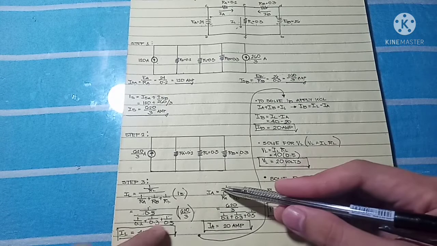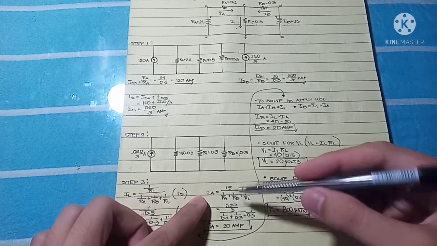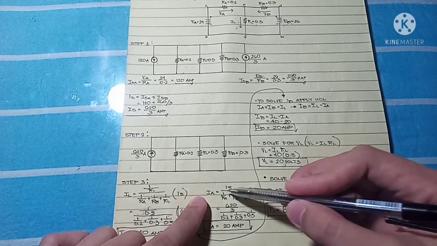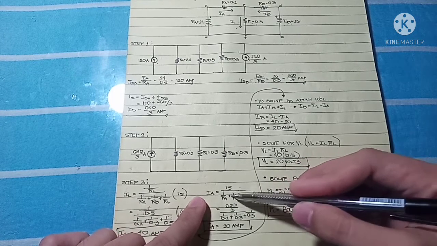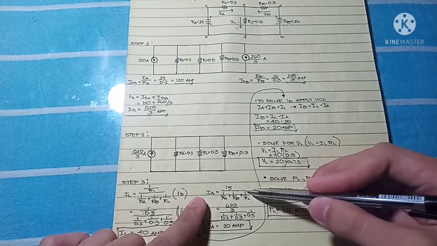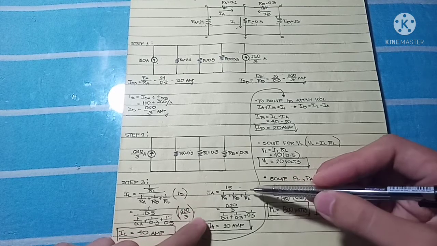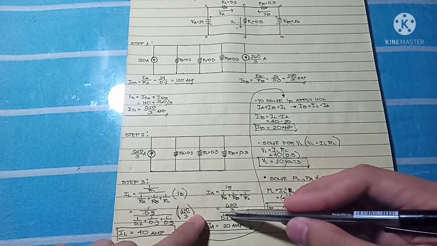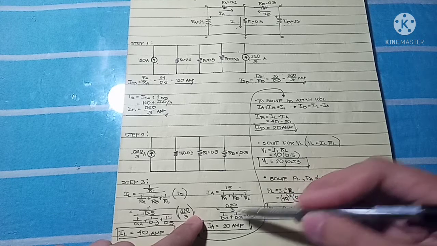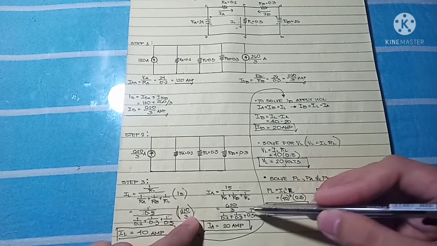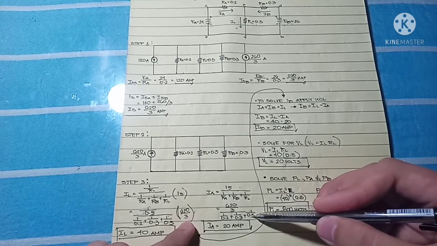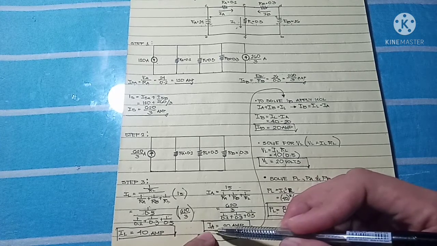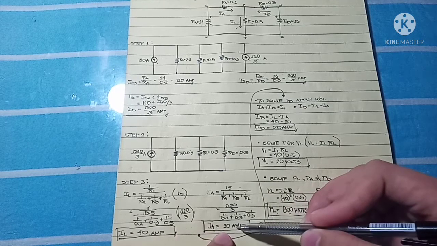Then to solve current A or IA, it is equal to IS or current source over 1 over RA plus 1 over RB plus 1 over RL. Then substitute the values, 620 over 3 all over 1 over 0.2 plus 1 over 0.3 plus 1 over 0.5. Then solve, we will get IA equal to 20 amps.